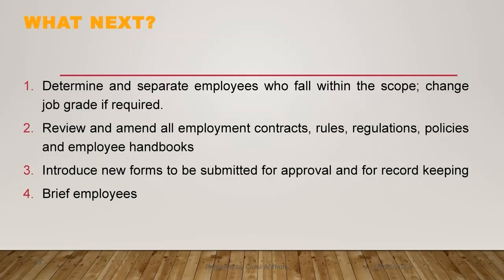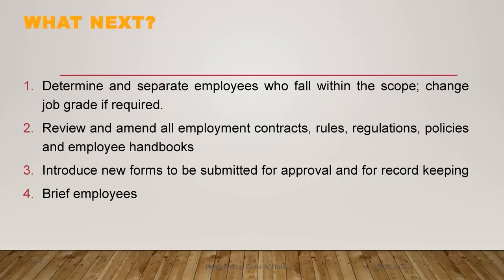Third, introduce new forms to be submitted for approval and for record keeping. Now paternity leave is there. You need to create a form for them to submit, because remember there's a 30 days rule. So you need to put in a form so that you can keep track. Same with flexible work arrangement.